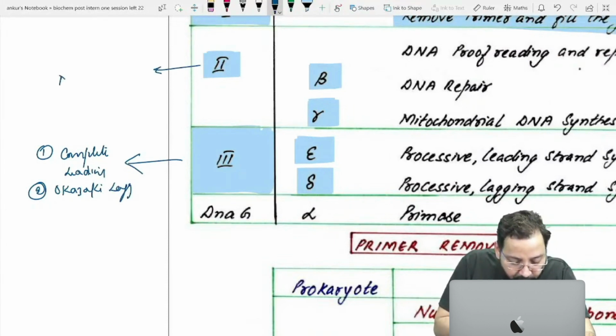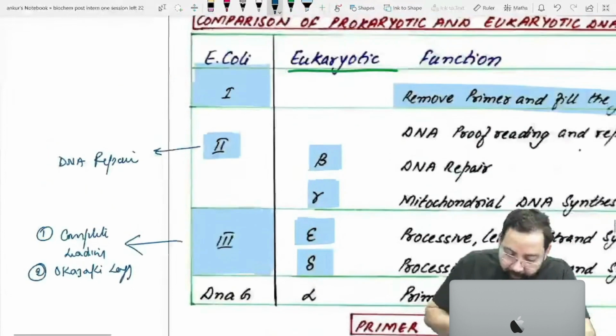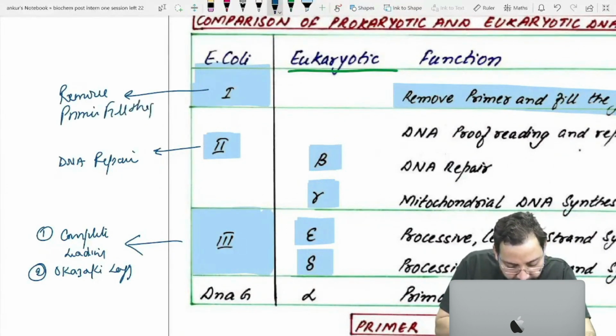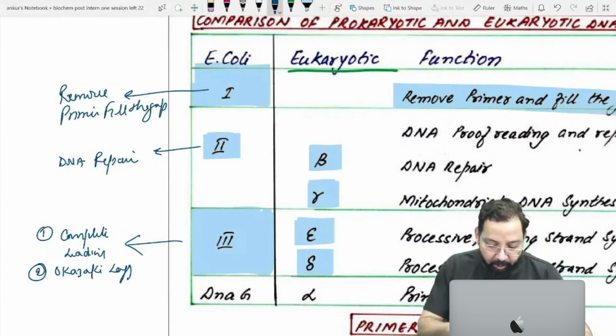DNA polymerase 2 is responsible for DNA repair. Okay, so now you know.